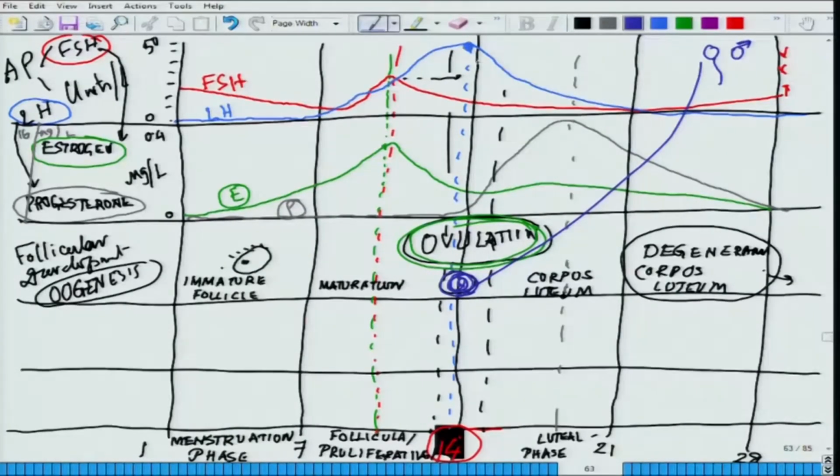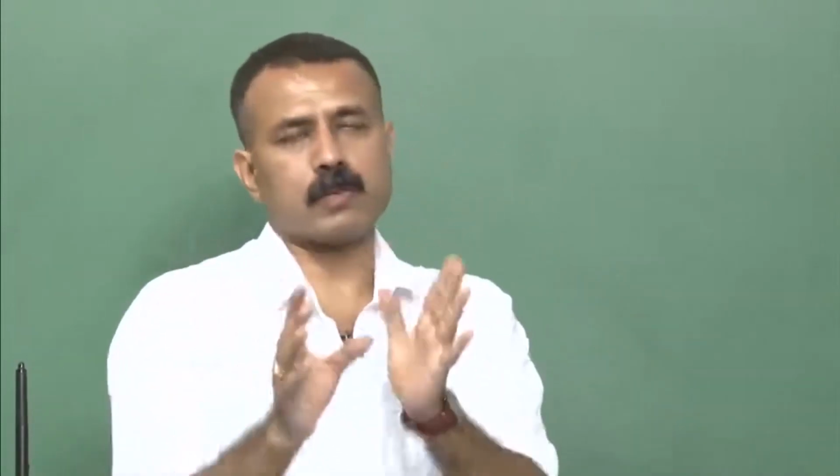So this critical window, which I am shading, is the most critical window in the complete menstrual cycle in terms of the reproductive ability of women.